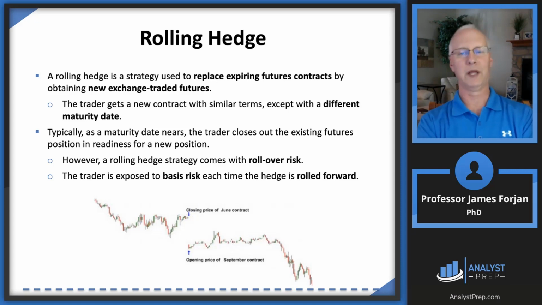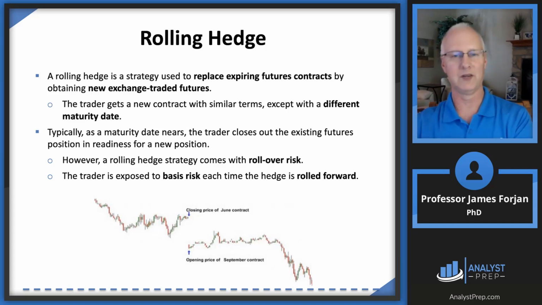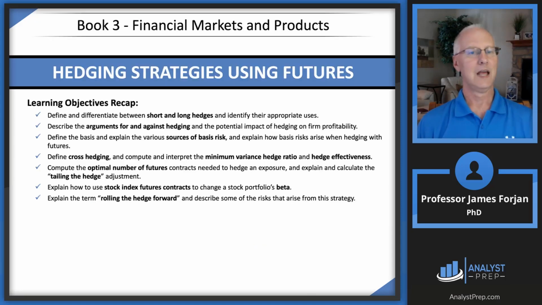We're going to replace expiring futures contracts by obtaining new futures contracts. The only thing different then is the maturity date. So she's probably going to replace a 3-month with a 3-month, unless she thinks the prices might fall for another 6 months. Then she may do it with a 6-month. And that takes us through these learning objectives.